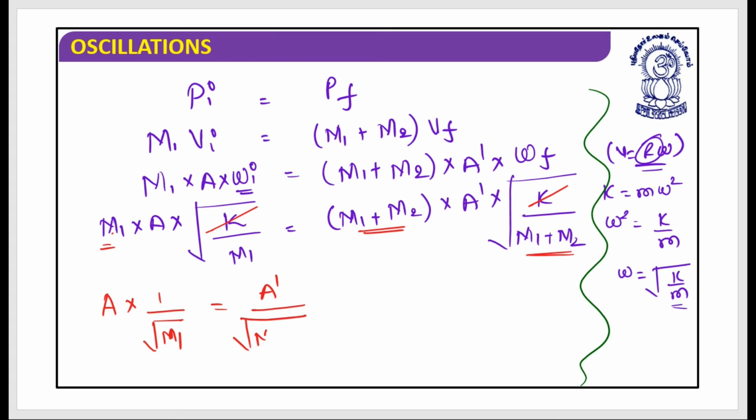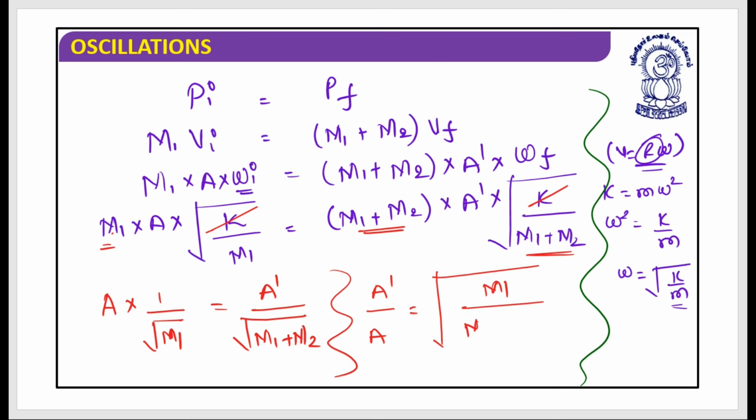From this, a dash by a equals root of m1 divided by m1 plus m2. Yes, this is the question, and this is your final answer. Got this? Do you understand this? Do you like this? Great.